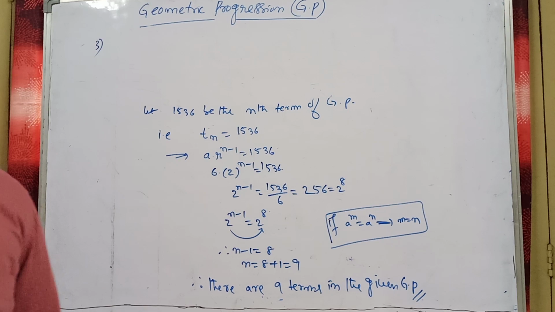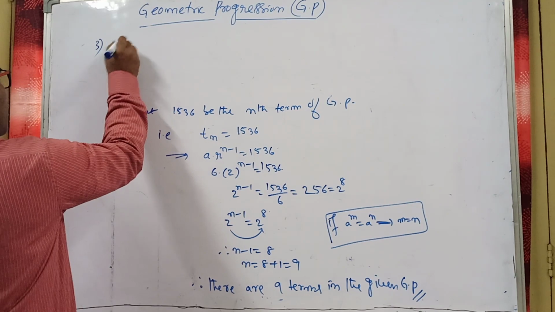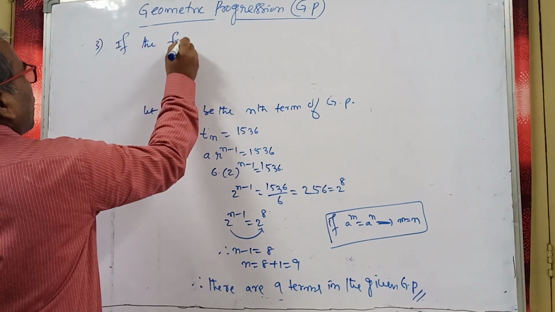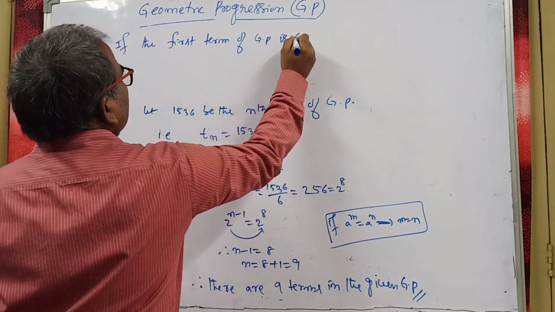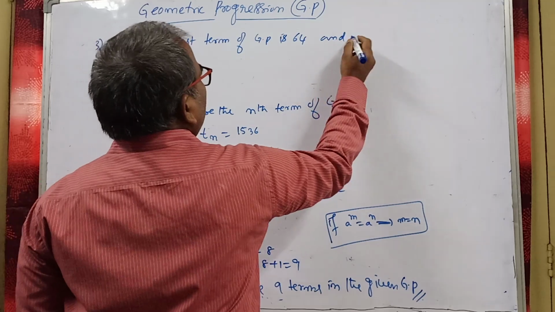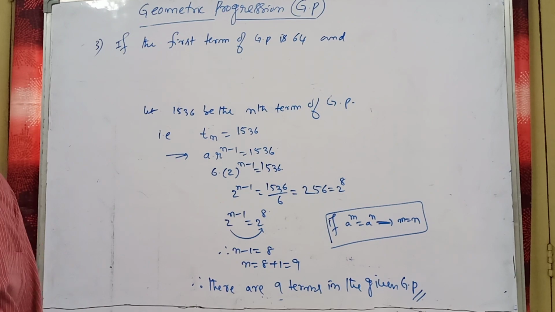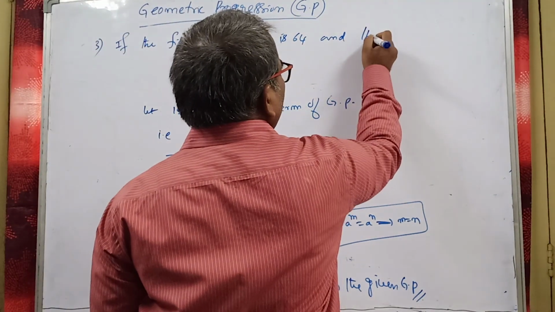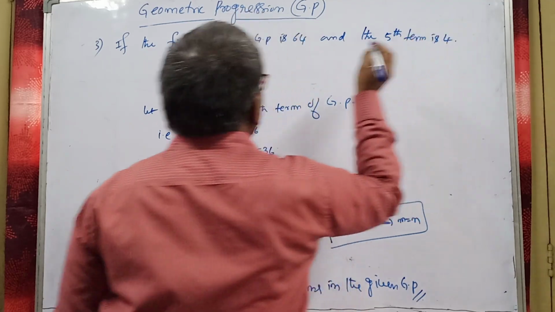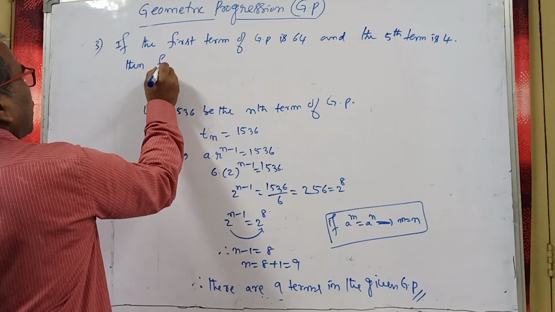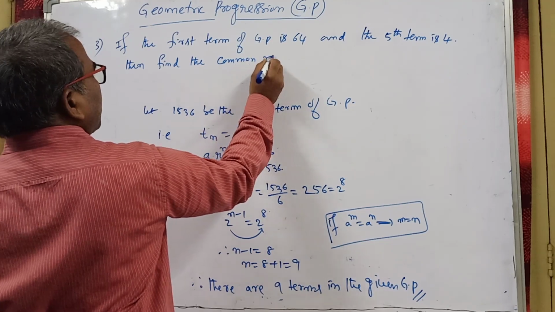If the first term of GP is 64 and the fifth term is 4, then find the common ratio of the GP.